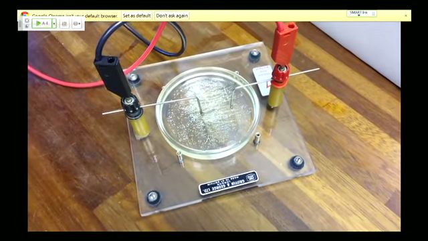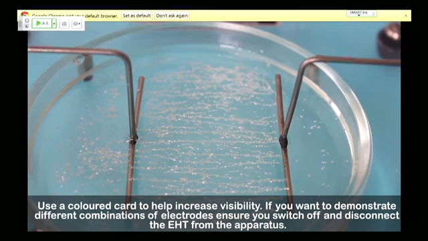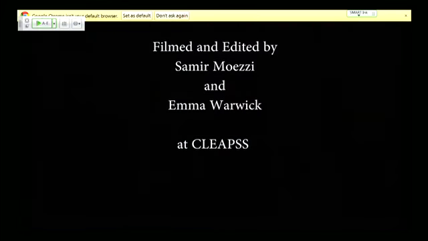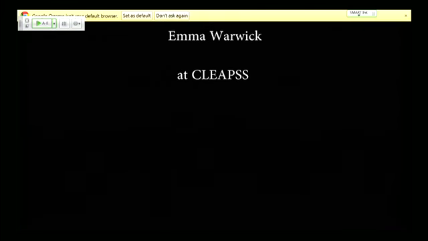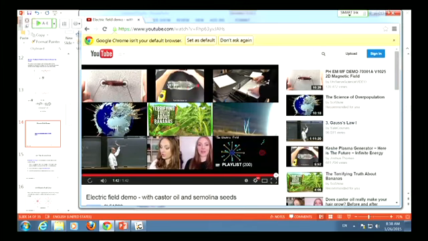So now the seeds will align themselves parallel to the field lines. As you can see, the seeds that were random are now parallel, to illustrate the fact that field lines are parallel between the two electrodes.